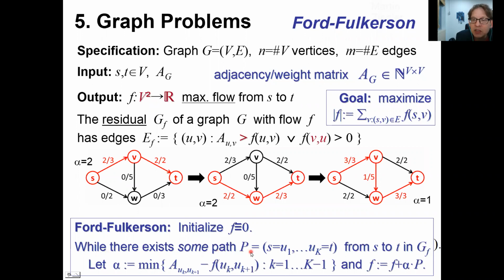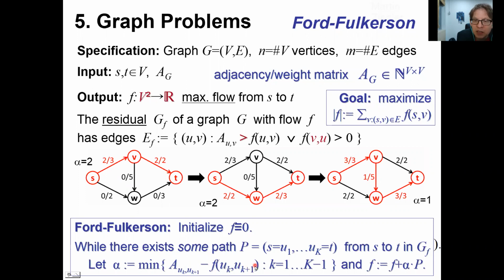By the very definition of a path in the residual graph, there is a path which has capacity, and since we're talking about integer capacities, that means the capacity of that augmenting path is at least 1. This minimum is at least 1.